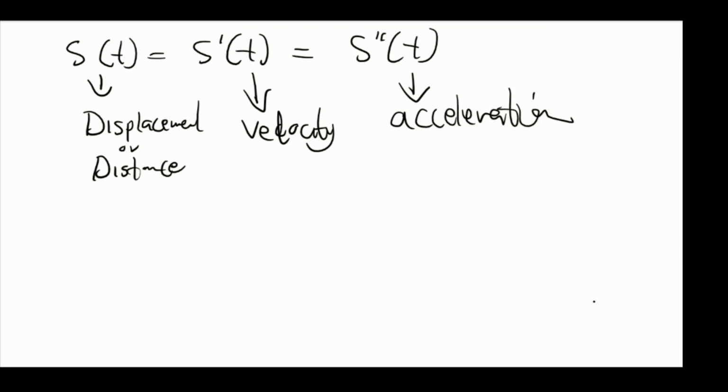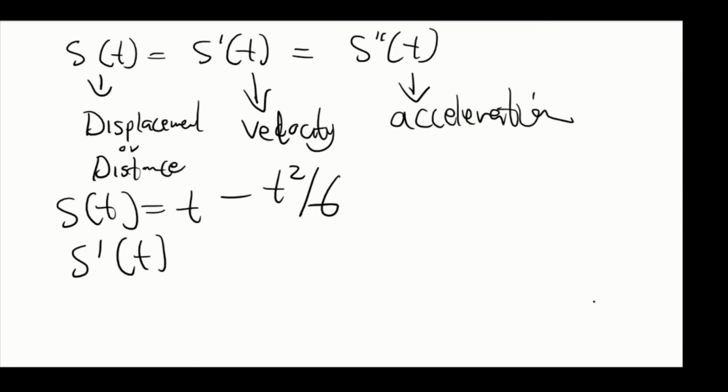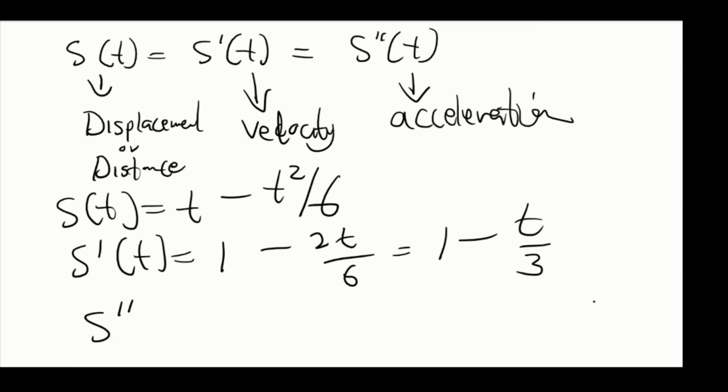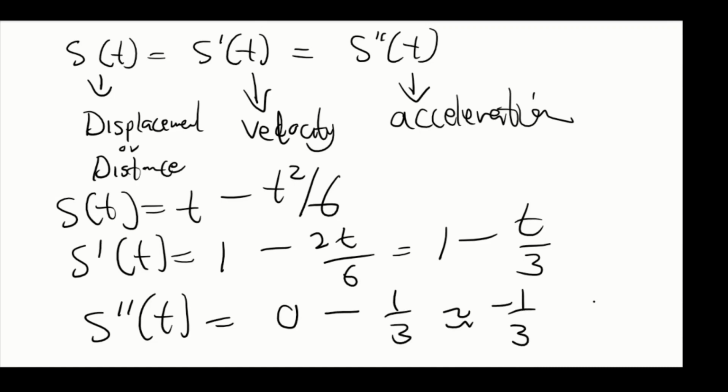So to find our acceleration, we're going to say s of t is equal to t minus t squared over 6. The derivative, which gives us the velocity, is 1 minus 2t over 6, which is 1 minus t over 3. And the second derivative is equal to 0 minus 1 over 3, which is minus 1 over 3, right?